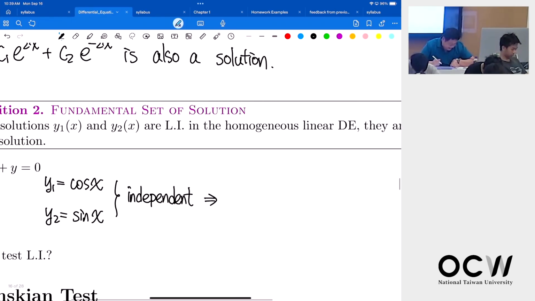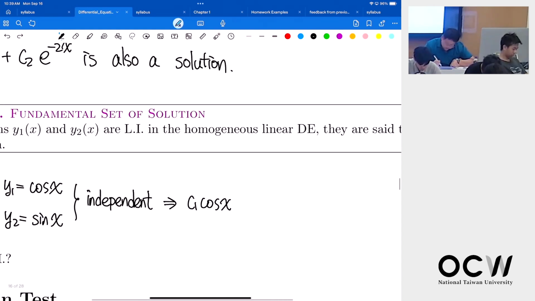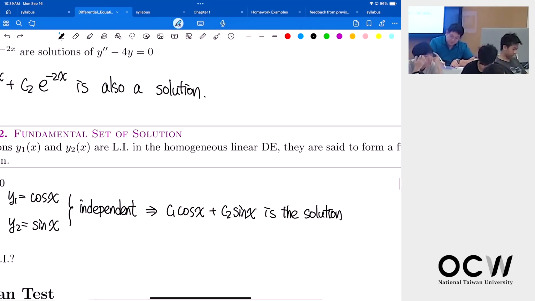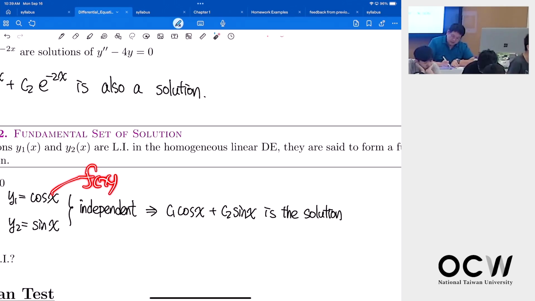Then we can say that the linear combination of these two solutions is the solution. How do we know that they are independent? Suppose this is f of x and this is g of x.